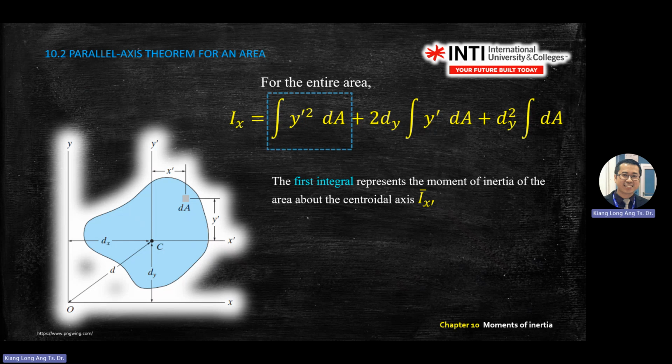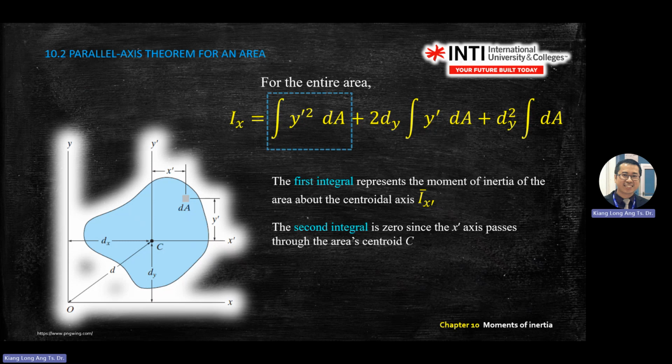So it means this dA to the centroid. First component. Second integral is 0 since the x prime axis passes through the centroid of the area.